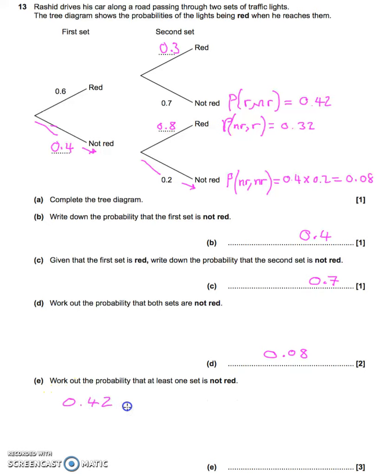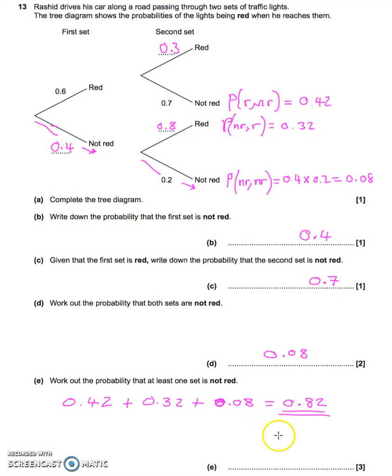Again, you can get your calculator to do this if you desire. So basically 42 plus 32 plus 8, which is, oops, I didn't mean to write 8 then. I meant to write 0.08. It's because I said 8. So if you add these decimals together, you get 0.82.